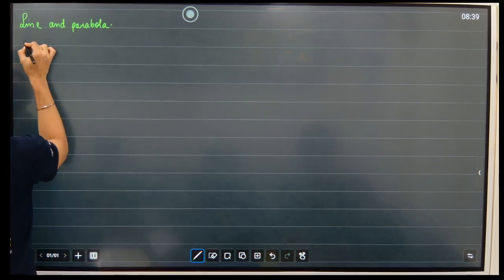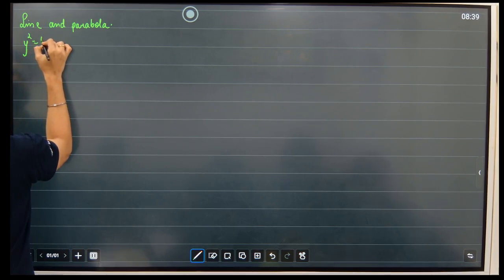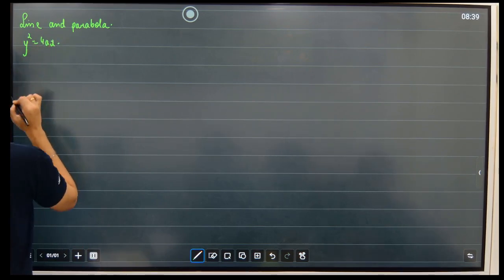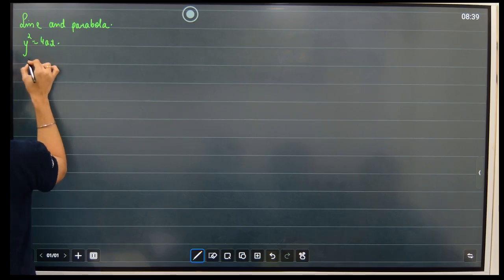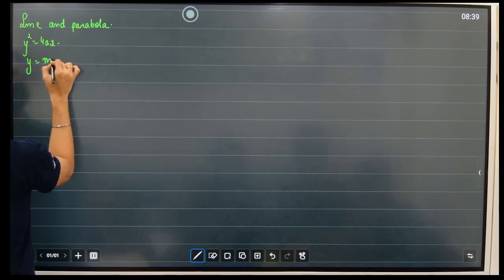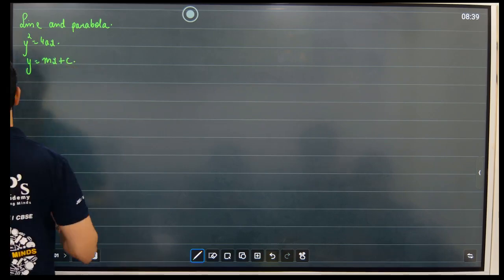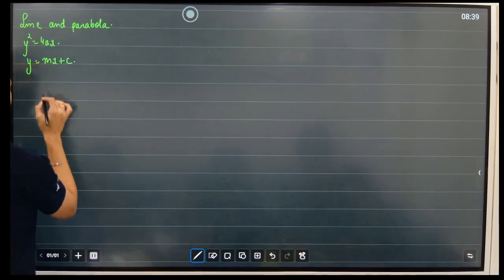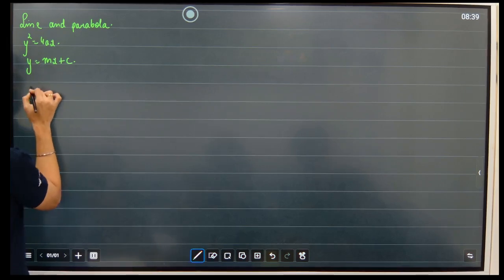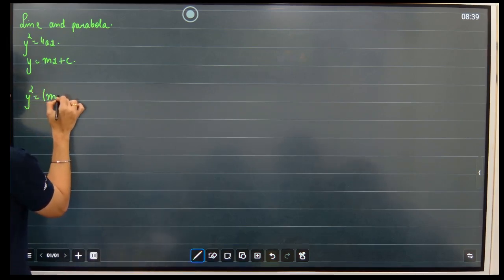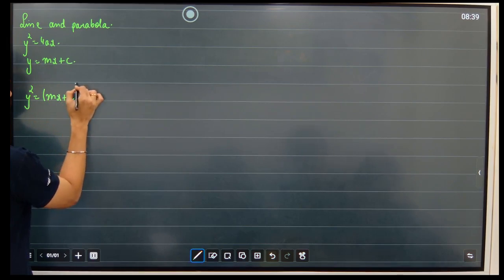For example, my parabola is y square is equal to 4ax and my line ka equation is y is equal to mx plus c. Now if I square this, it will become y square is equal to mx plus c the whole square.